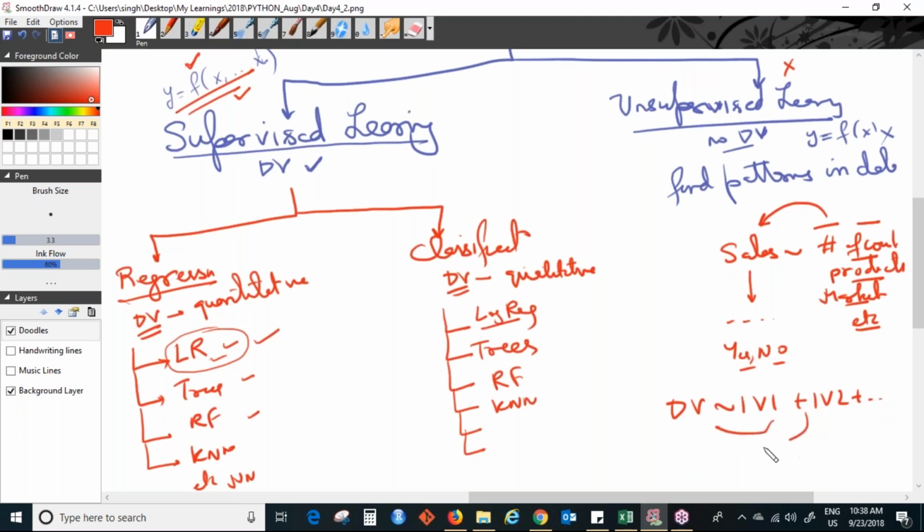The independent variables control the dependent variable, or in other words, they supervise the dependent variable. Hence it is called supervised learning. Okay, is this clear, guys?